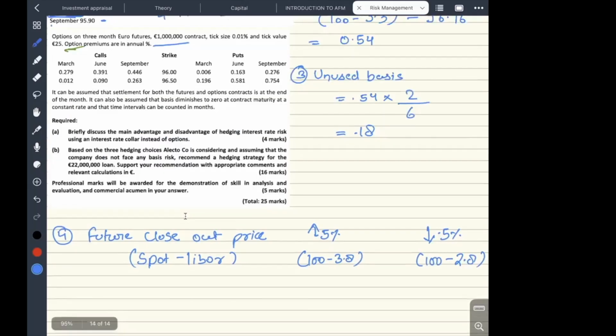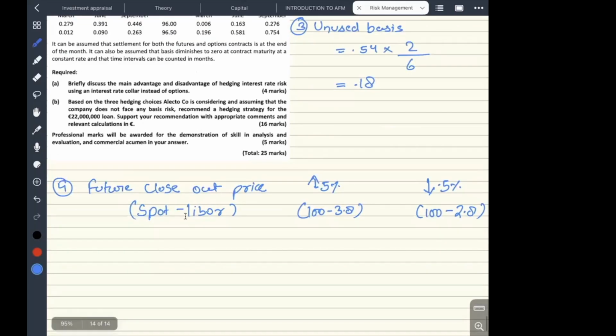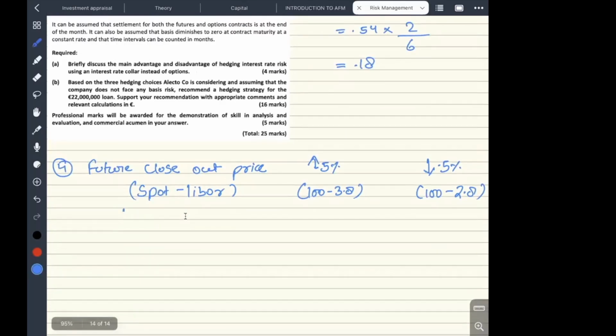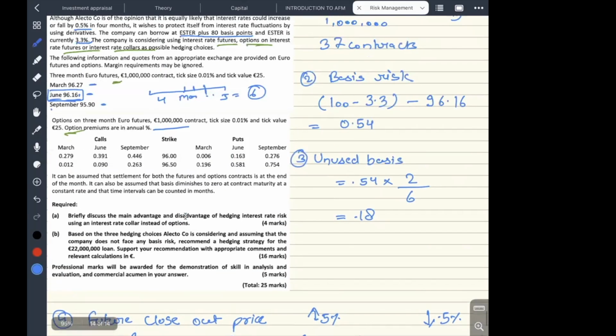Now, I hope that this point is clear, everyone. This is very important. Then you have to subtract the unused basis. Sometimes you might have to add, sometimes you might have to subtract.